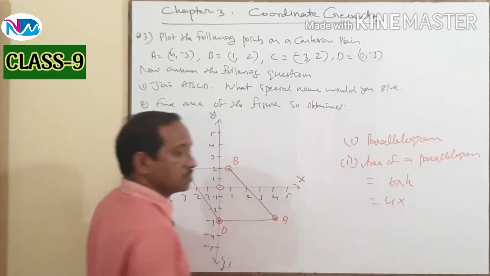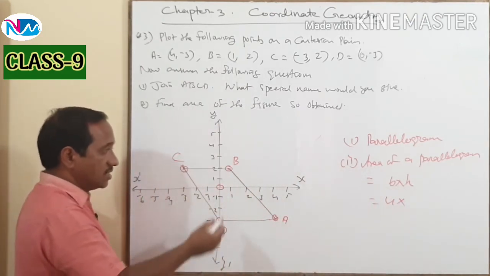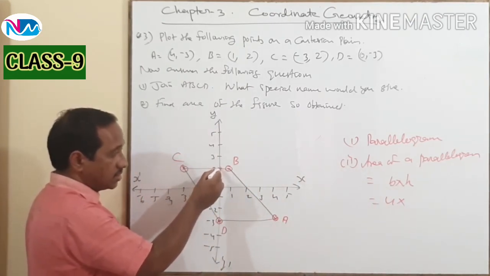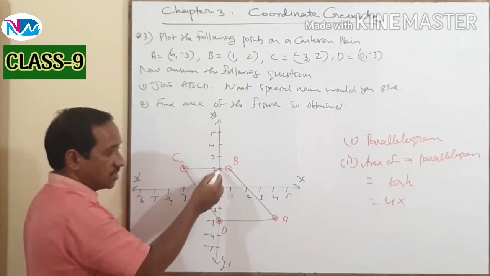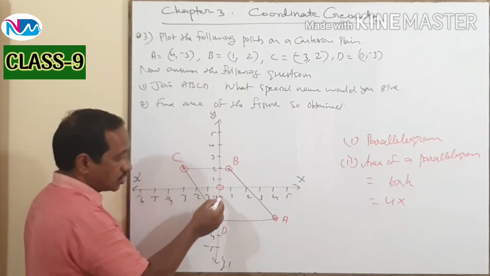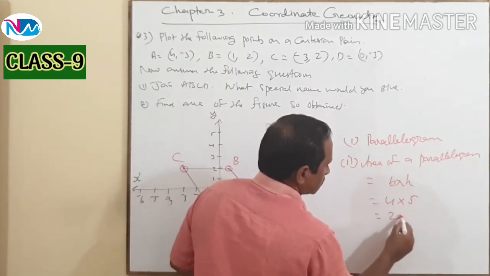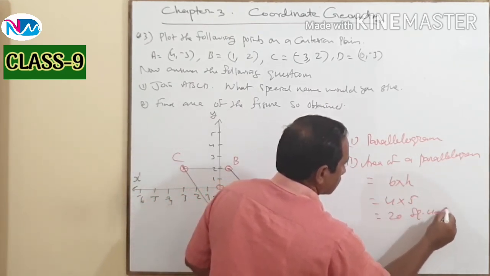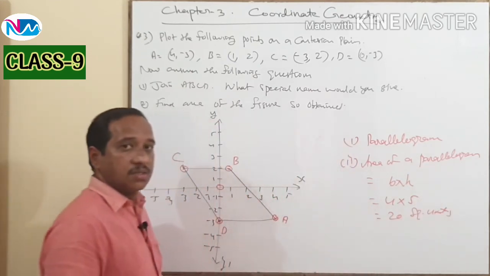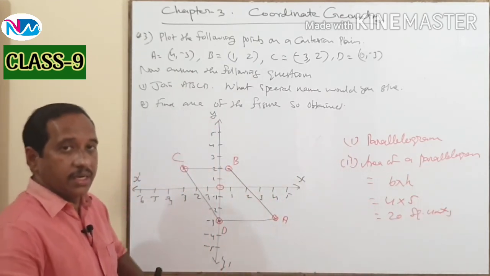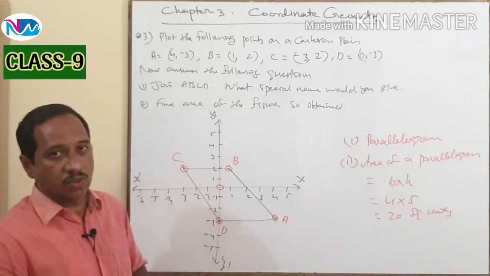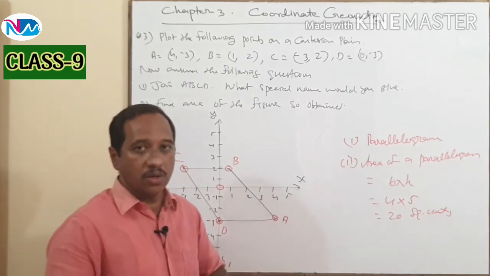So 4 into the height is from this point to this point. You can count 1, 2, 3, 4, 5 units. So 4 into 5, 20 square units. So we got the area of the special figure so formed, which is a parallelogram.